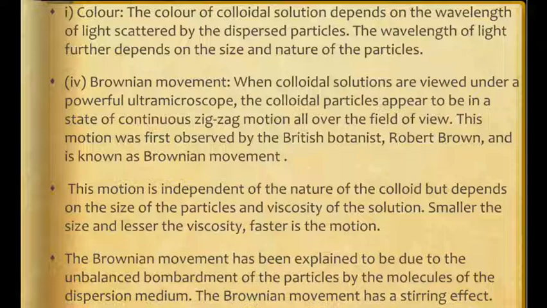This motion is independent of the nature of the colloid but depends on the size of the particles and viscosity of the solution. Smaller the size and lesser the viscosity, faster is the Brownian motion. Brownian motion can be explained due to the unbalanced bombardment of the particles by the molecules of the dispersion medium.